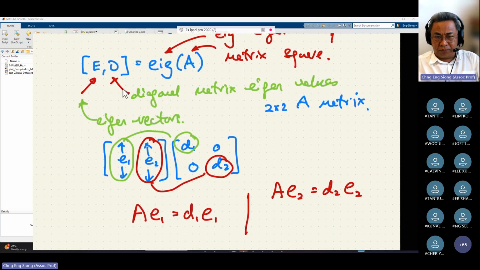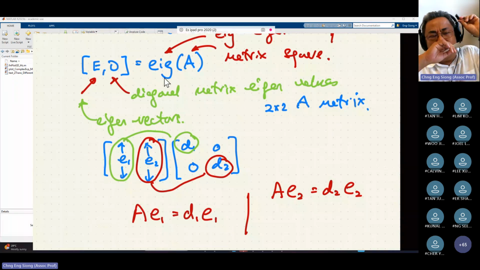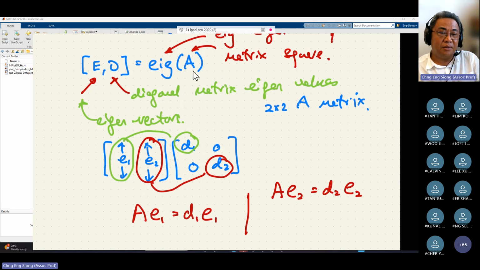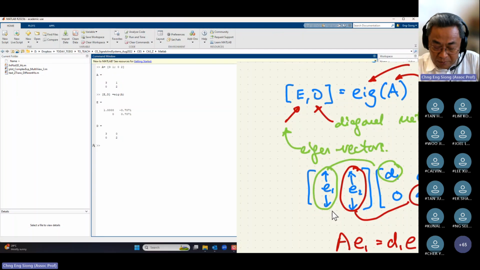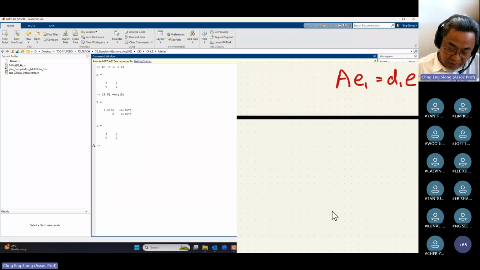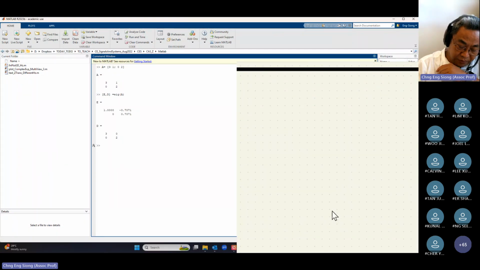All right, so now you know that MATLAB just simply gives us a nice calling function to play with this. E stands for eigenvectors, D stands for the diagonal eigenvalues, A. And out comes this. Okay.